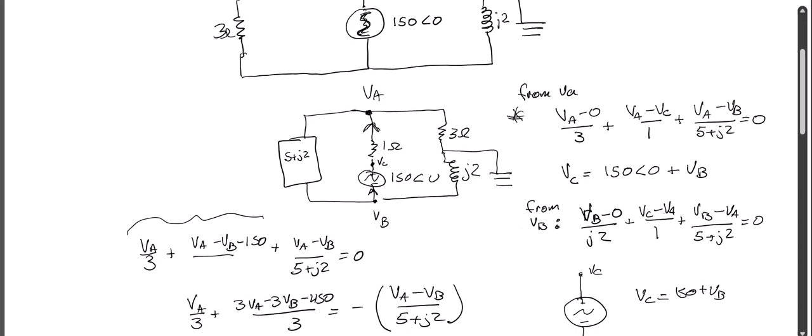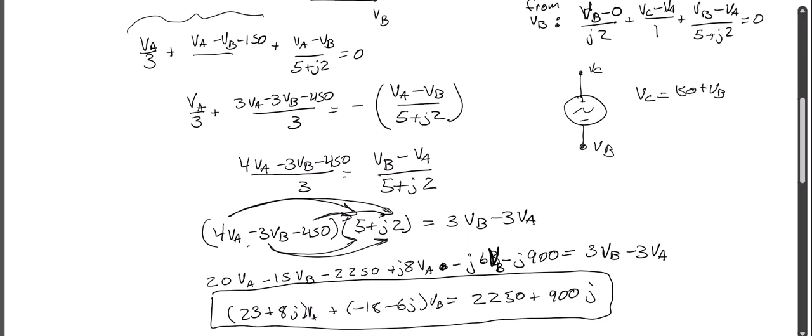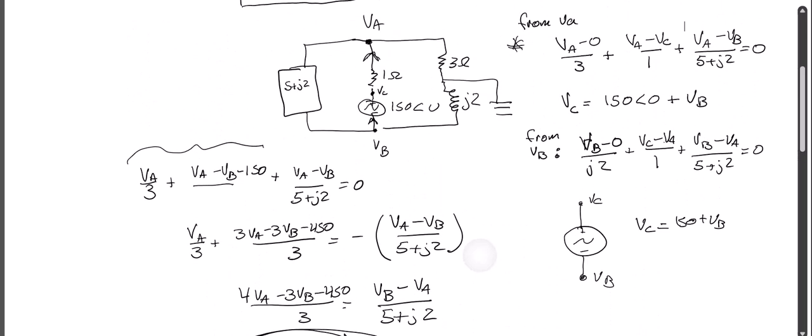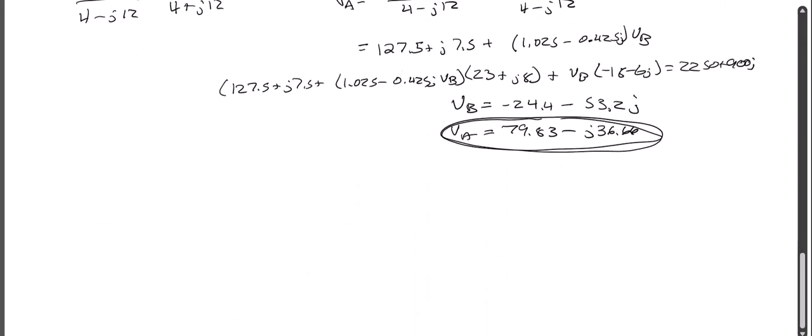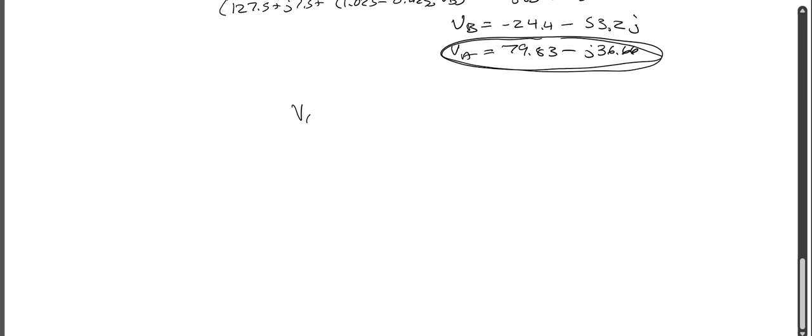Now once you have VA, getting the current in this middle branch is easy. The current in the middle branch is (VC minus VA) over 1.